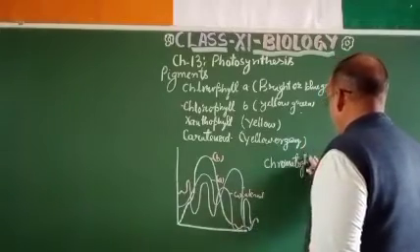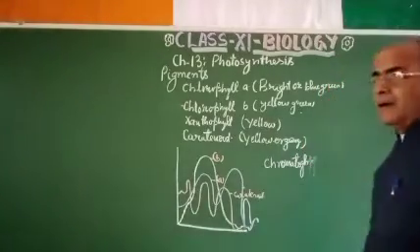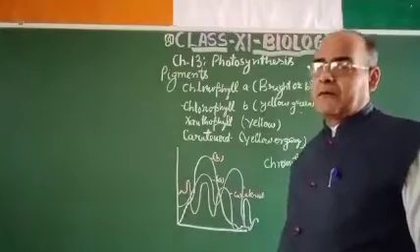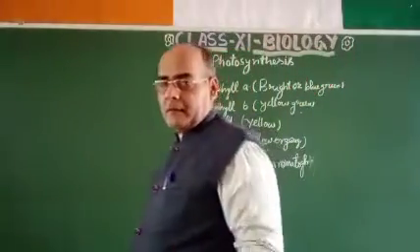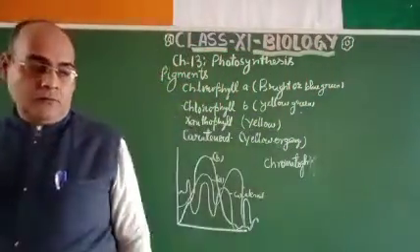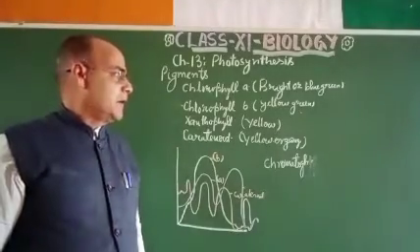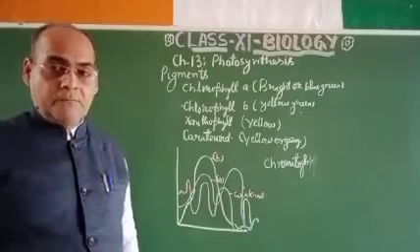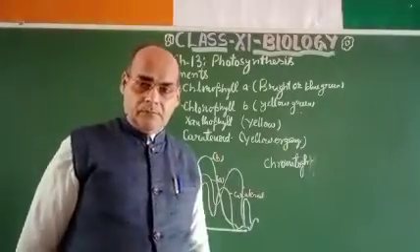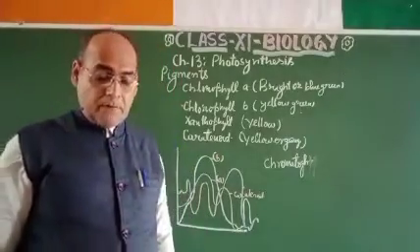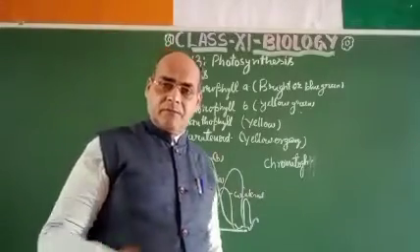By the chromatograph you will be able to learn about these different pigments found in the plastid. That is included in your practical also, so your practical aspect will be covered and will facilitate the understanding of this topic.